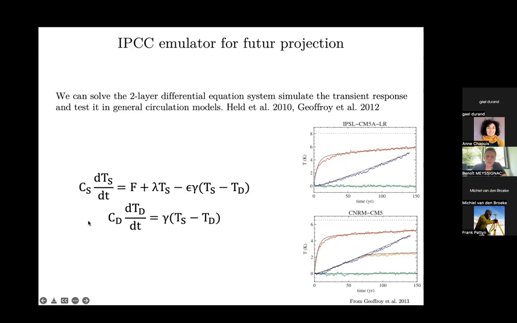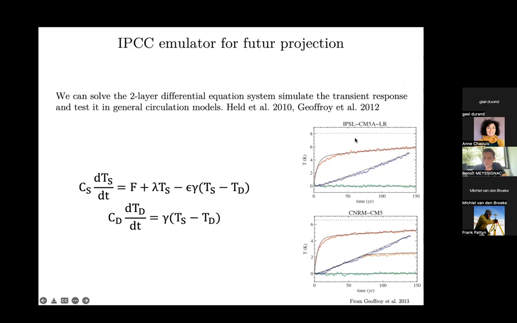And the second layer is the deep ocean here, with the heat capacity of the deep ocean CD, the temperature of the deep ocean, and gamma is the diffusion of heat between the mixed layer and the deep ocean. This kind of 2-layer energy balance model represents very well the response of climate models over hundreds of years, at internal to secular timescales.